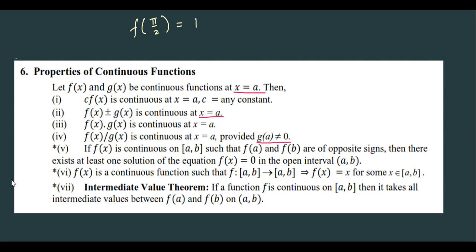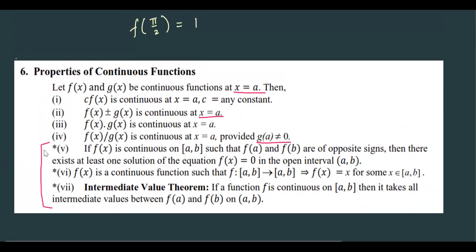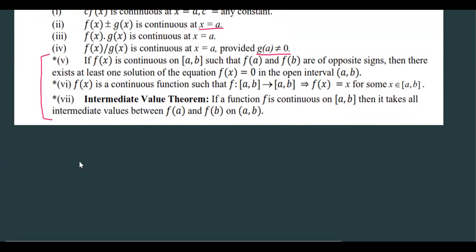Now, next, this part is very simple, all the first four. Then these three are part of what is called the intermediate value theorem. And these are extremely useful for finding the roots of equations, of any type of functions, not just polynomial or algebraic.